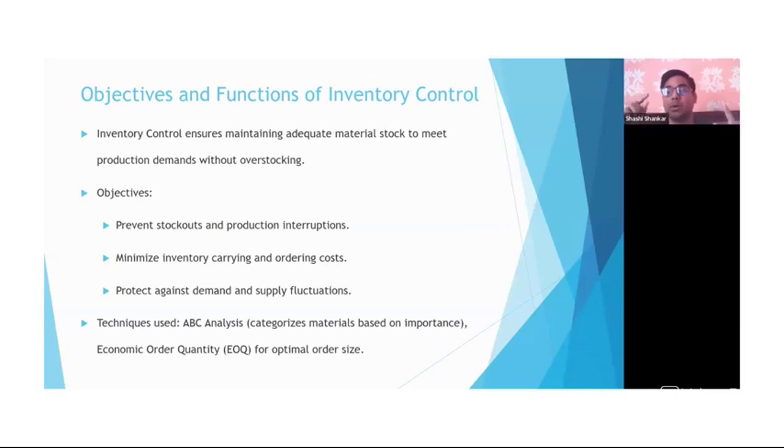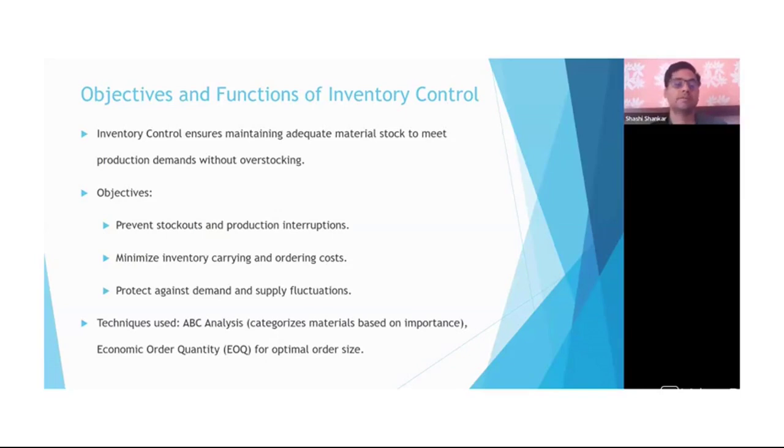So two things: one is raw material pile up, and on the other side, raw material is not available for production. In both cases, to bridge between them, inventory control plays a vital role. It meets production demands without overstocking, which is also important.